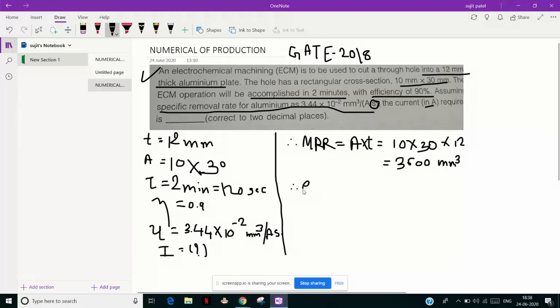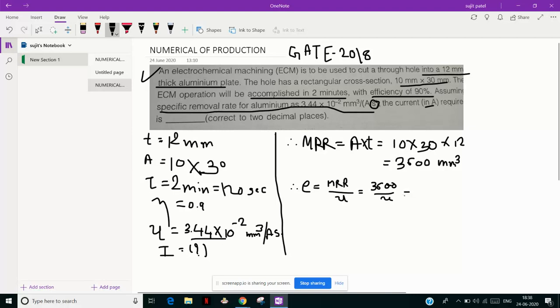So what is the energy required for this total material removal is this total material removal divided by specific energy. So our total material removal is 3600, and specific energy is given, that means 3.44 10 raised to minus 2.